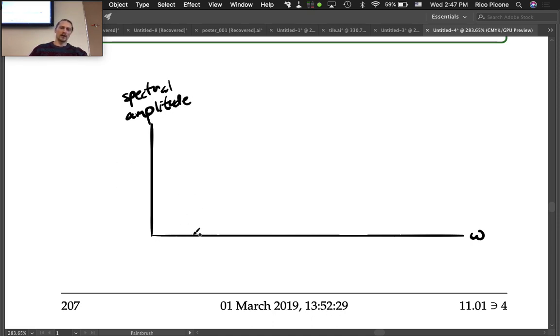We've got 0 here, and 1, 2, 3, 4, 5, so omega 1, omega 2, omega 3, omega 4, omega 5.